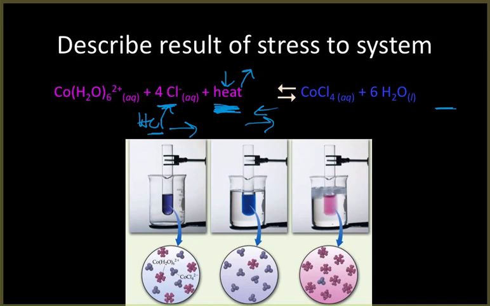If I added more water, it would shift to the left to use it up. If I added something that removed the water, then it would shift back to the right. So again, think about what you are adding. If you're adding something to something that's already there, it's going to shift away to use it up. If you're removing something from the system, it's going to shift in that direction to replace whatever was taken out.